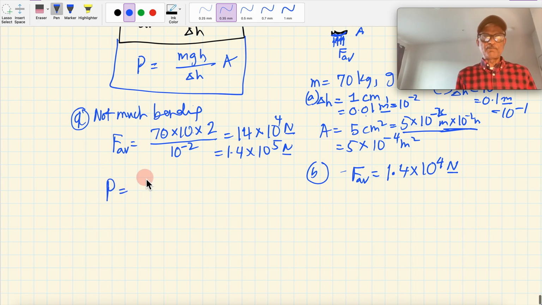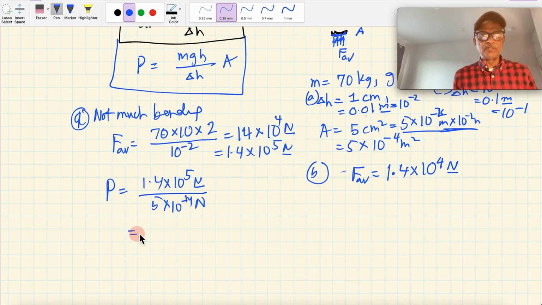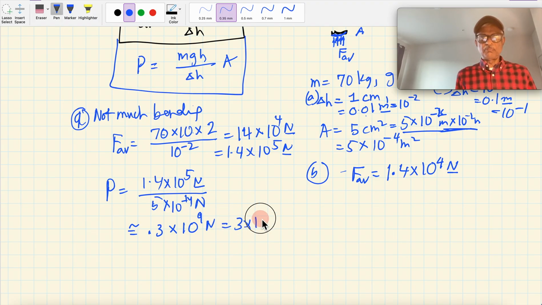Pressure will be 1.4 times 10 to the power 5 Newton, and the area is 5 times 10 to the power minus 4 meter square. So this is roughly 0.3 times 10 to the power 9, 3 times 10 to the power 8 Newton over meter square.